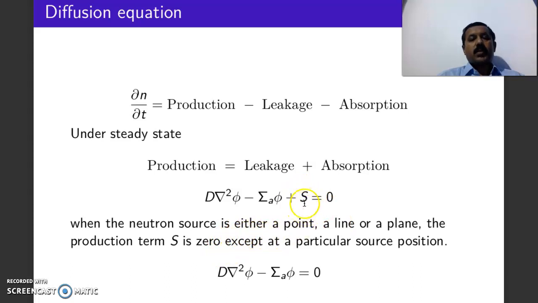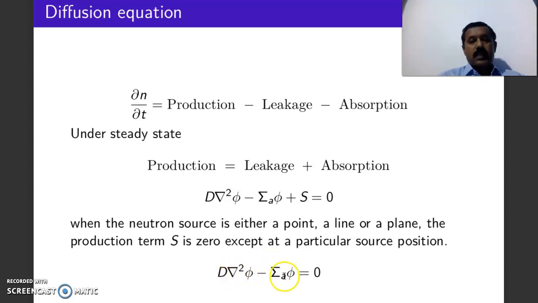If we put S equal to 0, this equation becomes D ∇²φ minus Σa φ equal to 0. This equation is now a homogeneous differential equation. This is applicable at all points except at the source position.